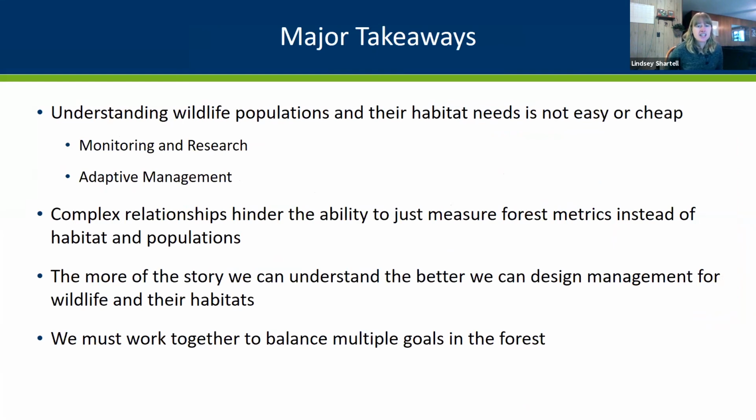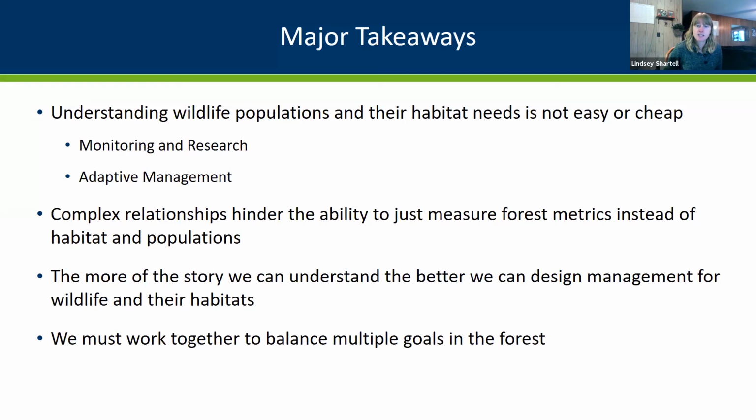So what are the major takeaways from today? First, understanding wildlife populations and their habitat needs is not easy or cheap. We need to invest in monitoring and research as well as adaptive management in order to further our understanding of how we might be able to influence wildlife populations with habitat management.